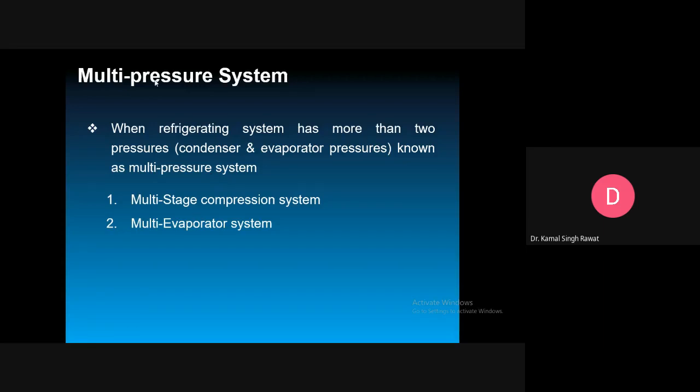So we require temperature in two ranges. First one, suppose plus 7 degrees centigrade for dairies. And another one is -20 or -30 degrees centigrade. In such a case, we will use this multi-evaporator system.